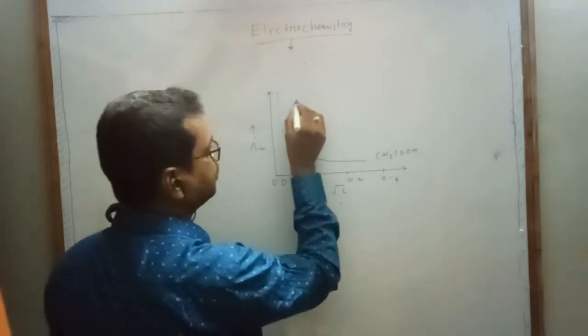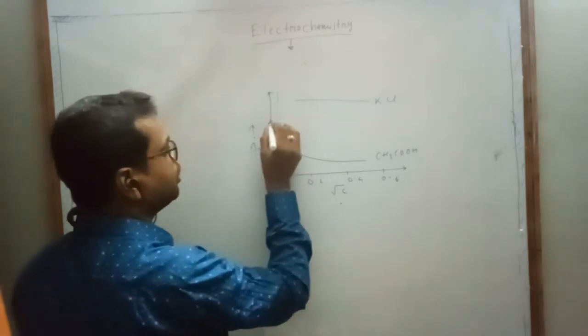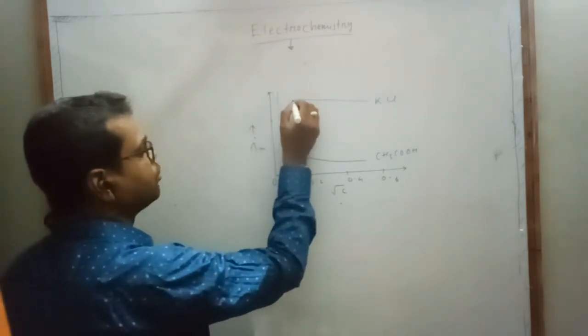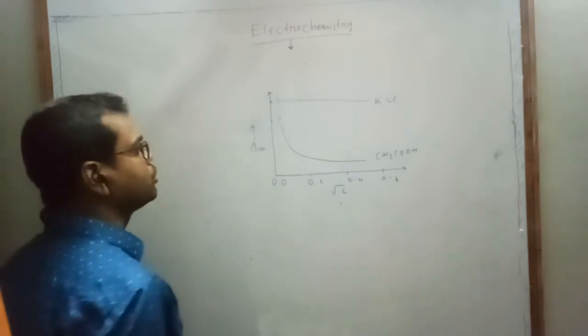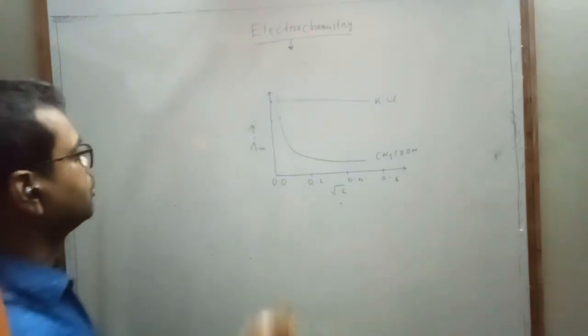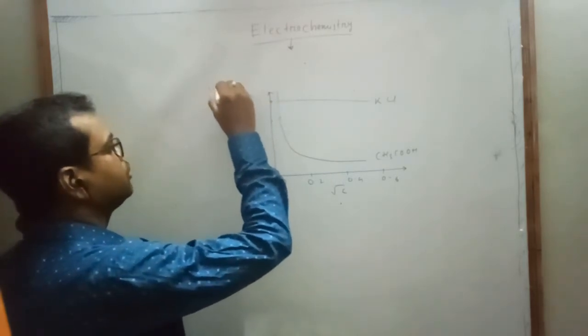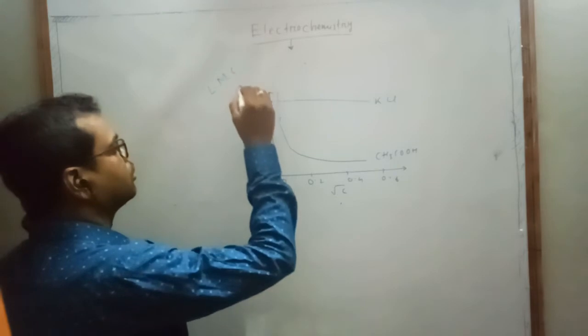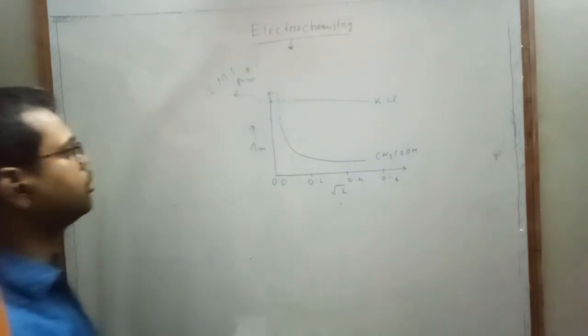So this is your weak electrolyte CH3COOH, and this is your strong electrolyte KCl. If you extrapolate the strong electrolyte line, it coincides with the y-axis. This point is called your limiting molar conductivity, lambda naught, or sometimes lambda infinity.